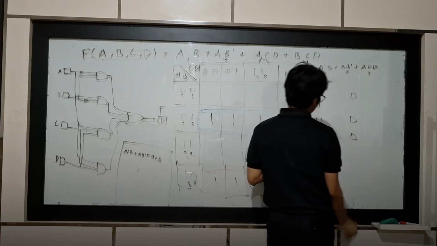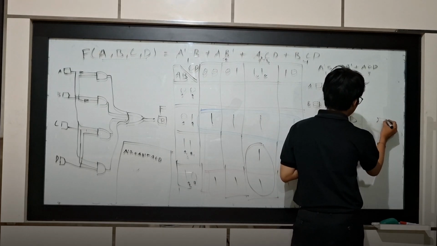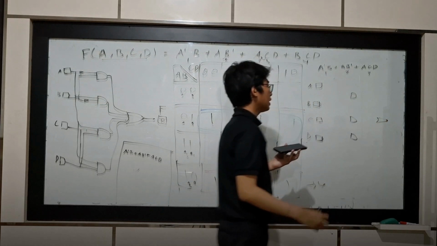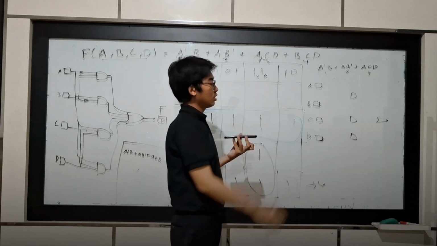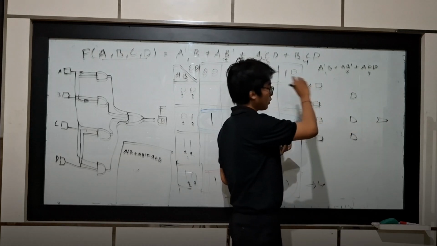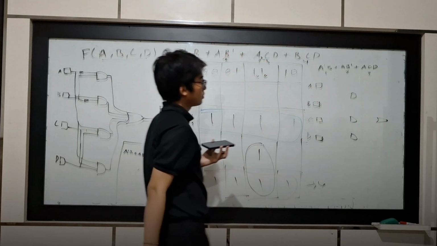And then all of these AND gates are connected to one OR gate. Now I'm gonna connect all of this circuit, from the first equation first.